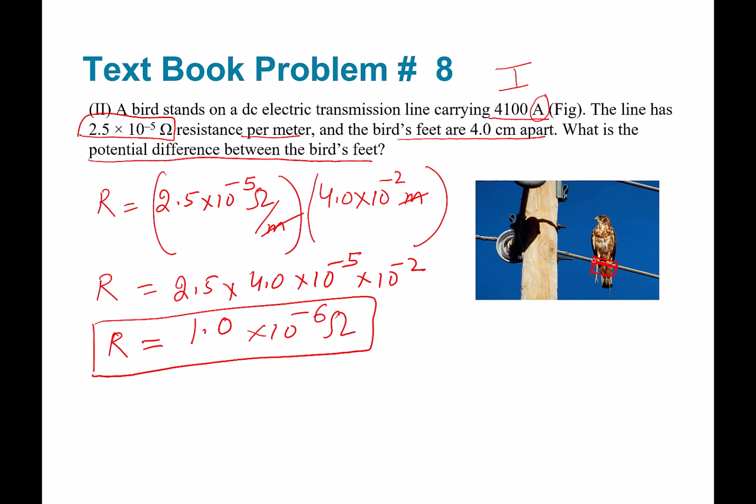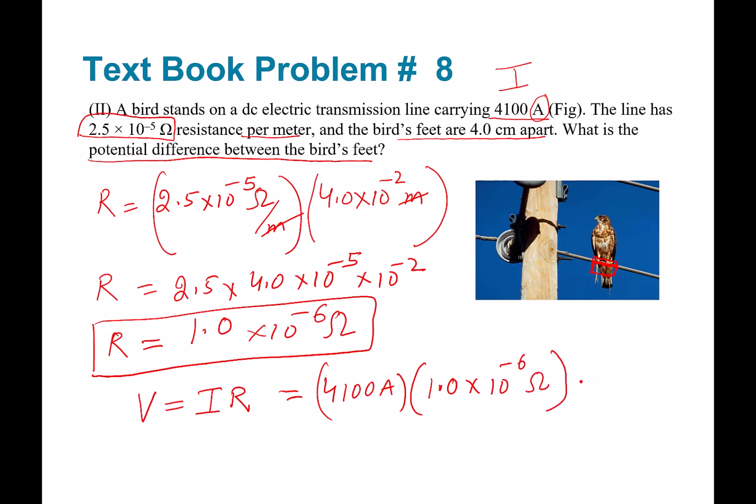Then you have to find the voltage between the bird's feet. We know from Ohm's law, V is equal to I times R, and the current passing through this wire is the same. So you have 4,100 ampere current, and the resistance between the bird's feet based on the width of separation, 10^-6 ohms, will give you the voltage.